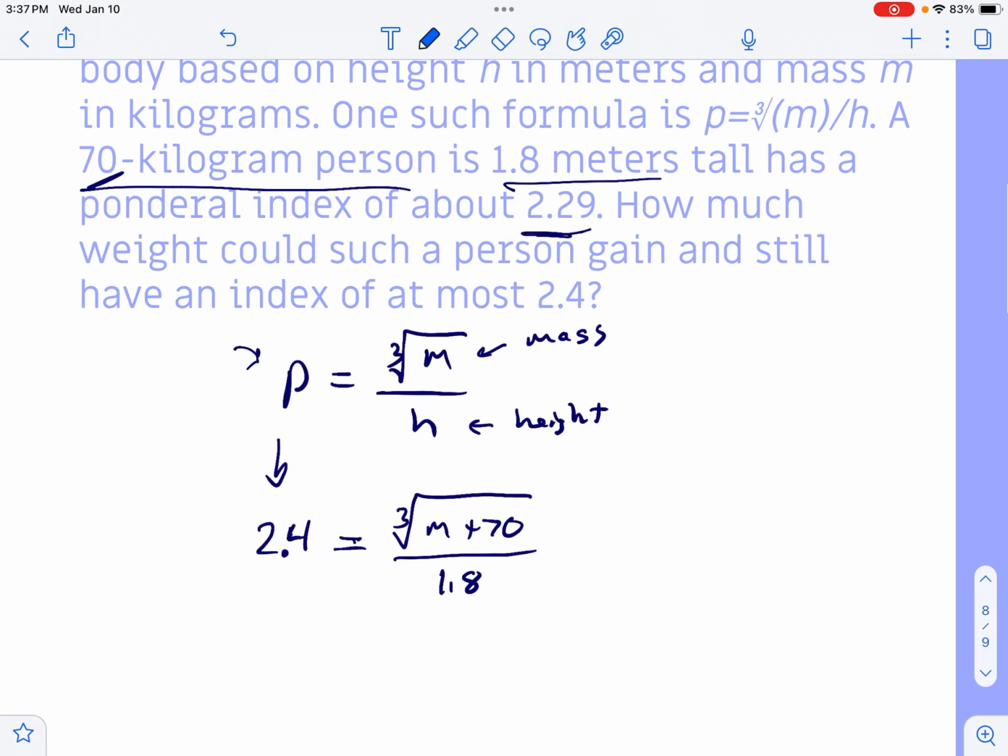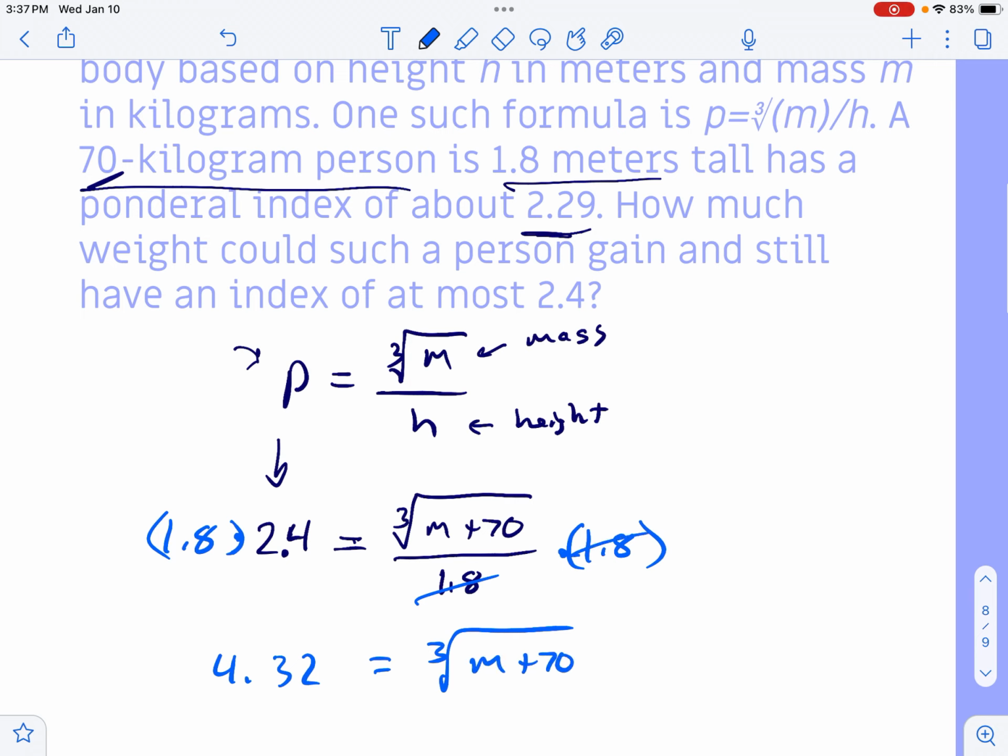So I think I have to multiply both sides by 1.8. Multiply by 1.8, 1.8 times 2.4, and I get 4.32 equals the cube root of M plus 70.